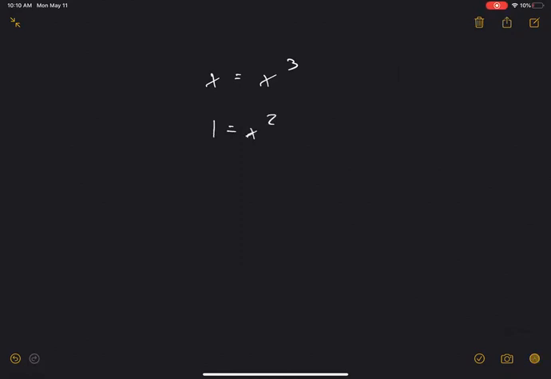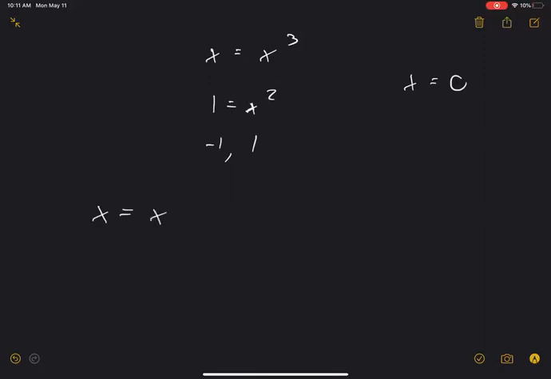Well, that's true, and that would give us the values -1 and +1. But what about the 0? This doesn't include the point x equals 0. So how do we figure out where that point is? That's why this method of moving everything over to one side of the equation is a bit better.